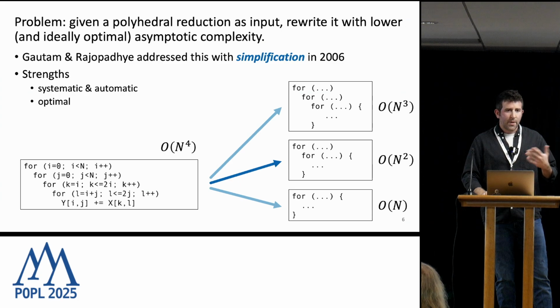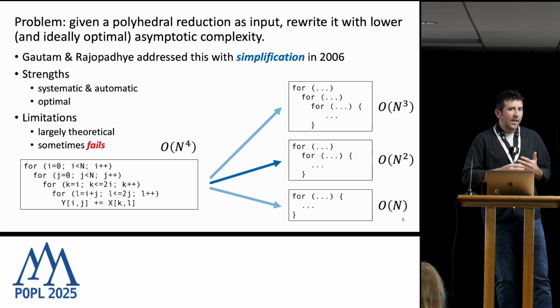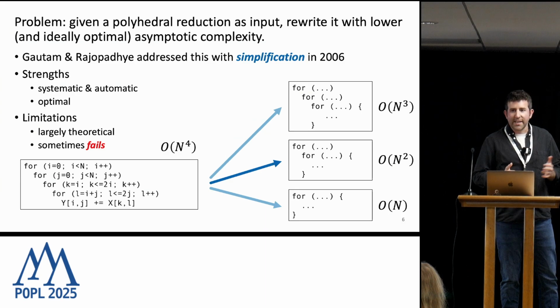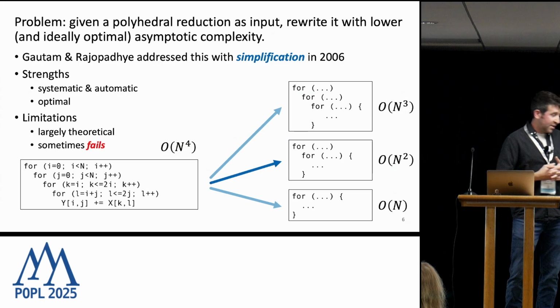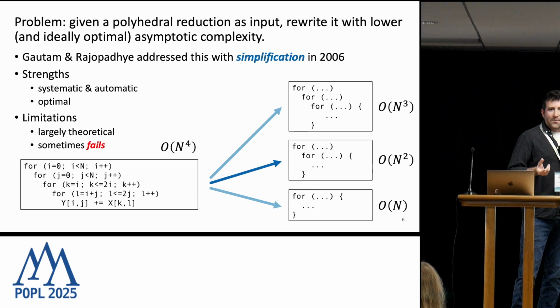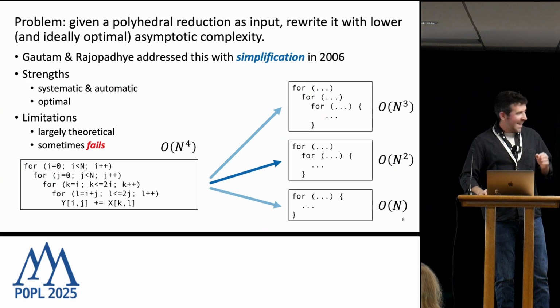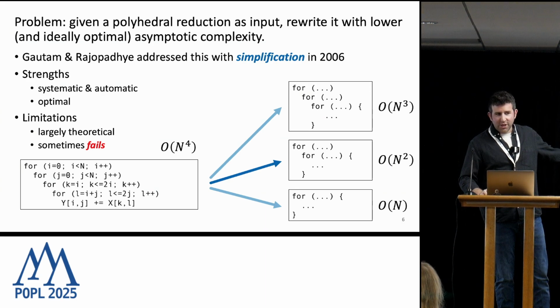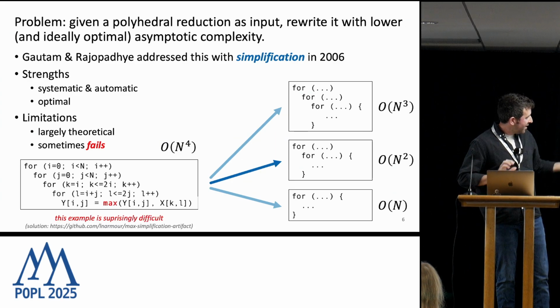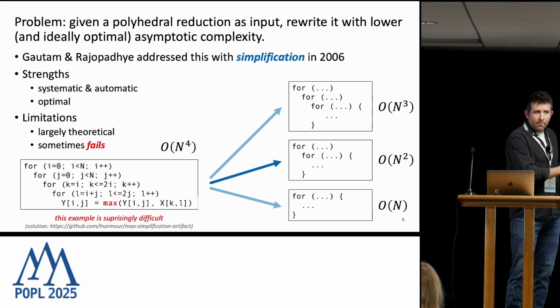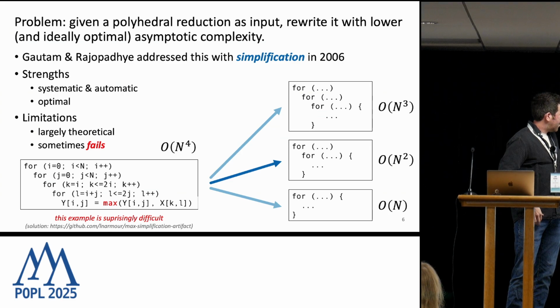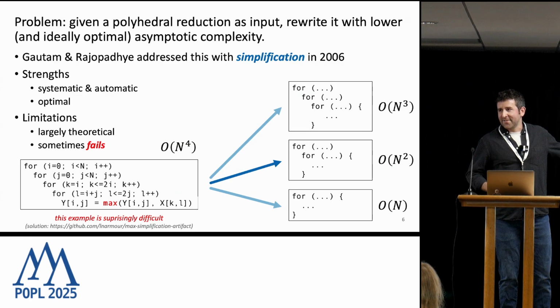So part of this work is about addressing some of the limitations, because while it's a powerful technique, it has some limitations. The prior work on this was largely theoretical, and it sometimes fails. If you take these loops as simple as this four-nested loop body, and you change it so that now we're using an operator like max or min, this example is hilariously difficult.